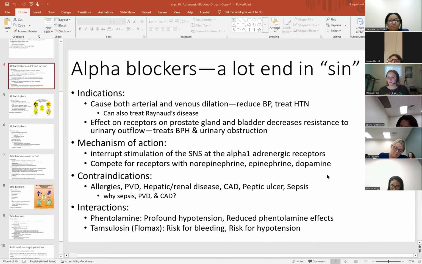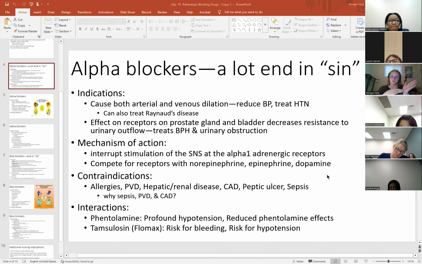All right. So the only other thing that we really use an alpha blocker for is going to be urinary retention issues, where the other medication, Myrbetriq, that we were talking about was going to constrict that sphincter, making it harder for the urine to come out, and expand the bladder wall so that more urine could collect, right?